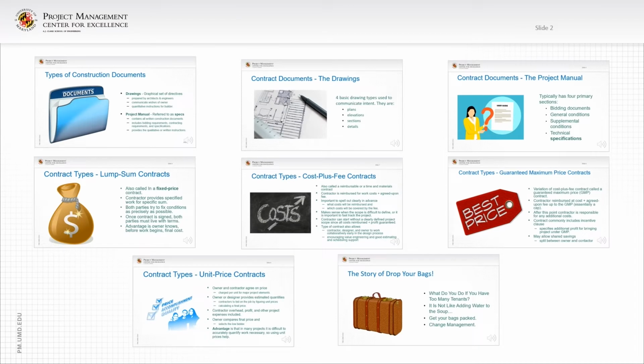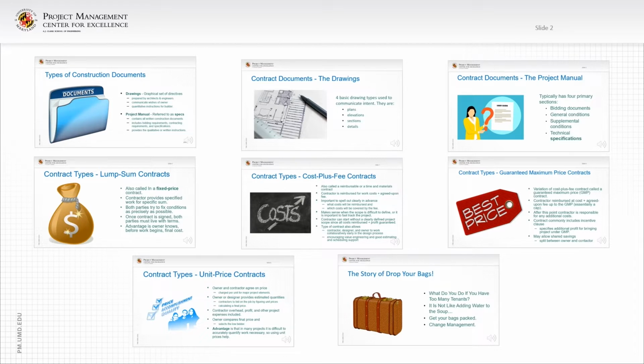In this lesson entitled Construction Documents, we are going to cover the different types of construction documents, the construction document drawings, the construction document project manual, which includes the project specifications, and then we'll get into contract types, including lump sum contracts, cost plus fee contracts, guaranteed maximum price contracts, sometimes referred to as GMP, and then we'll get into unit price contracts.